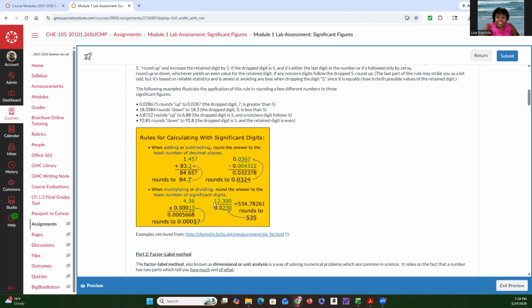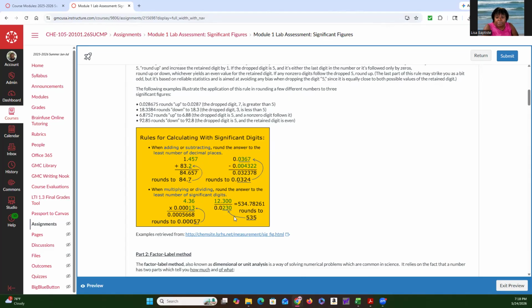If we look at division, 12.300 divided by 0.0230, the top number has five significant figures because these zeros are the trailing zeros and there's a decimal present.